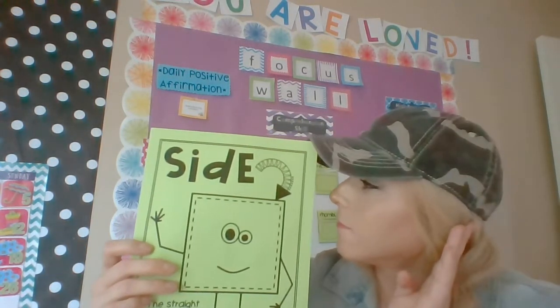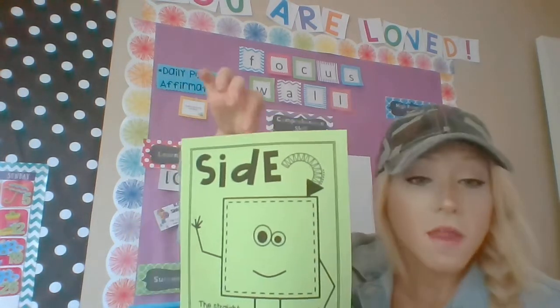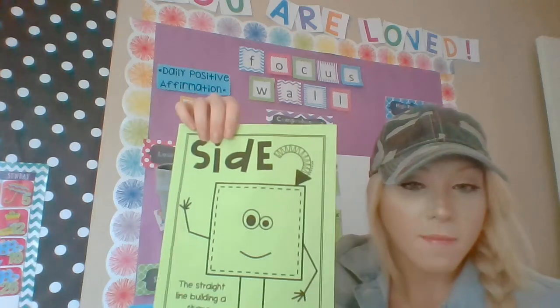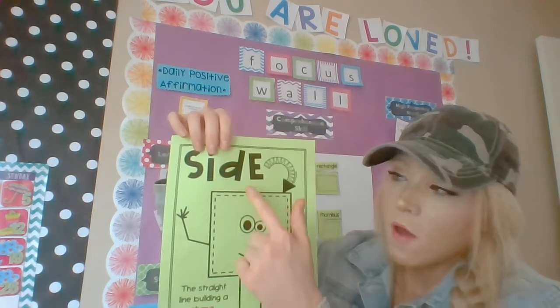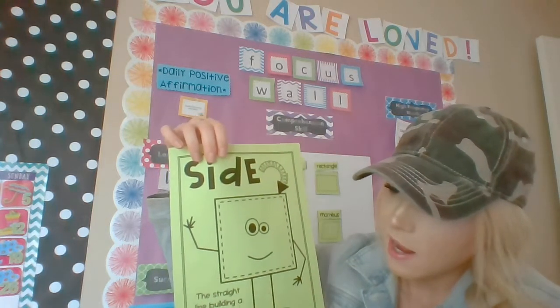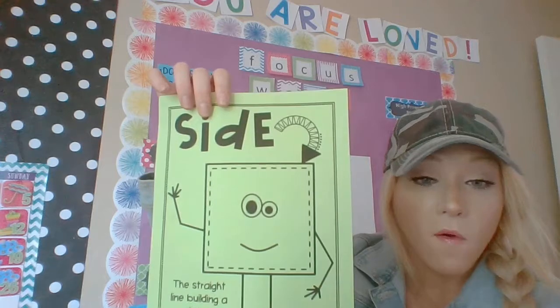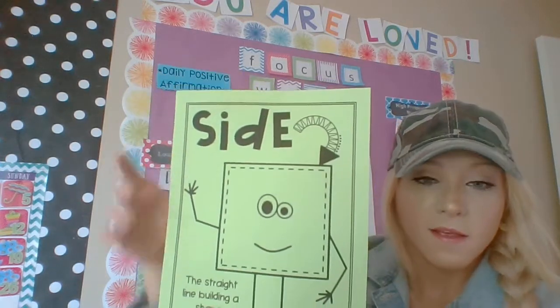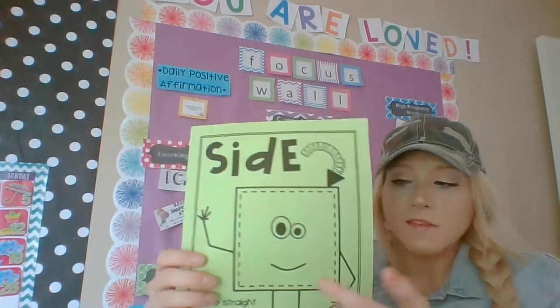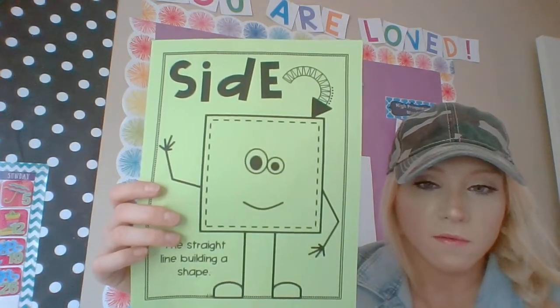Say the name of the shape. Very good. It's a square. Let's count how many sides the square has. Ready? We're counting together. 1, 2, because it's a straight line, 3, and 4. This shape is a square, and it has 4 sides. So a side is the straight lines building a shape, and they're always connected to each other.